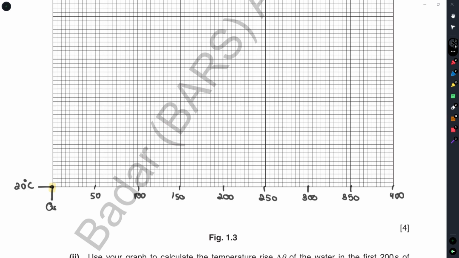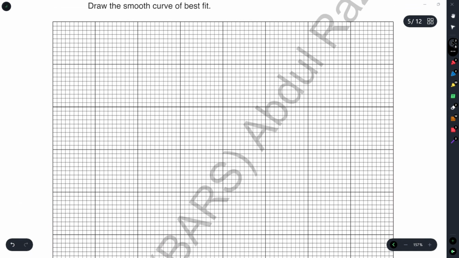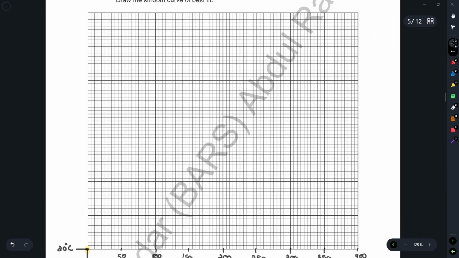If one box is 100 units, 400 will be here, and your graph will only be towards the left of this 400 because the maximum time reading is 360 seconds. So essentially you'll be using less than half the graph, and usually you lose points there. So we've got 1, 2, 3, 4, 5, 6, and 7.